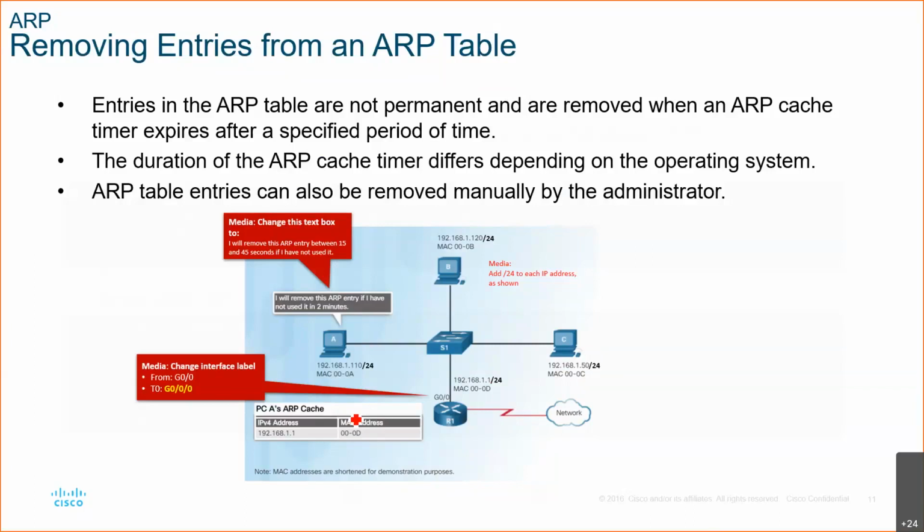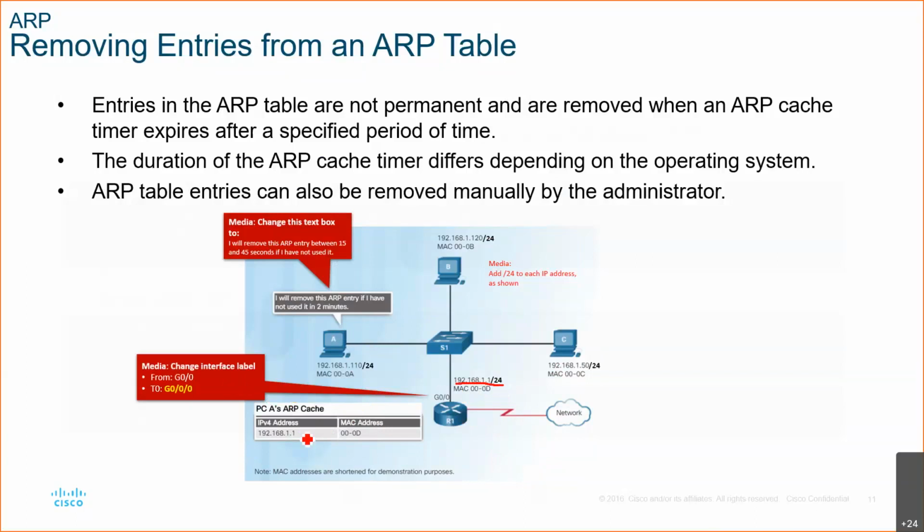You can also remove the ARP entries manually by giving certain commands. So over here, for example, PCA's ARP table. Let's say you change your media interface, and this is your IP address.